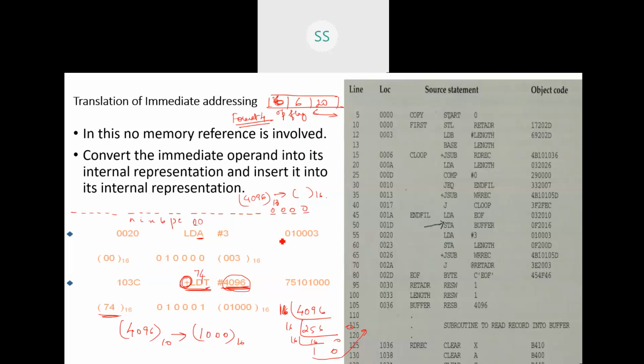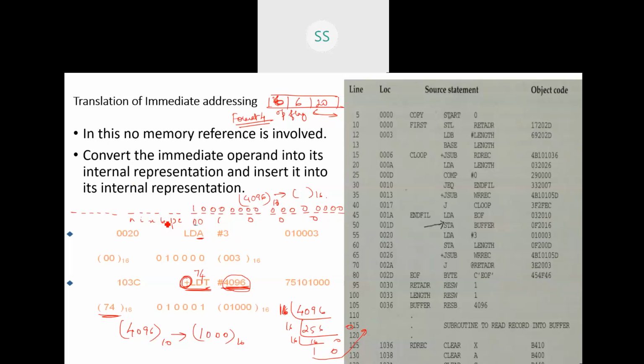Whatever it is, your instruction will be taking, it is going to take your 20 bits. So here I had given NIXBPE, so I must have one more 4 bits. So then 0000, 0000, and then 1000. So I've written 1000. My address I have given.